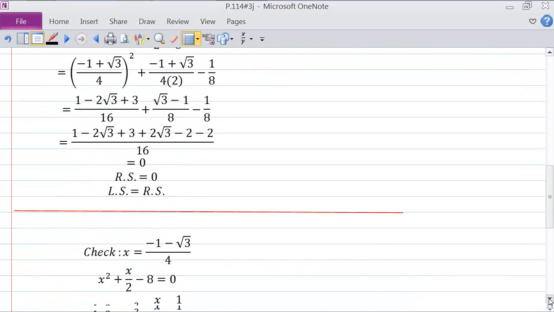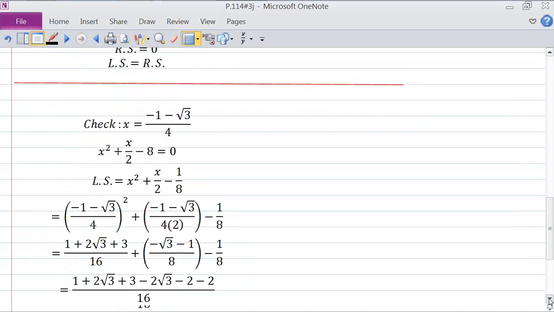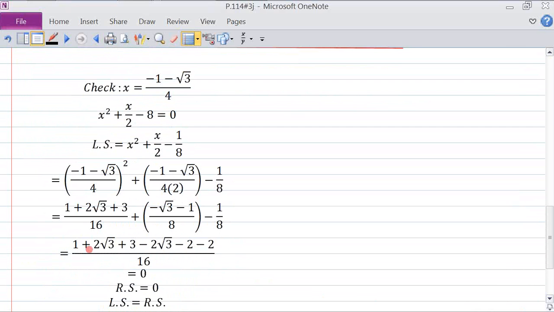So if we do the same thing with the next part, I'm not going to go into it in detail. The only thing that really changes here, if we do the other solution, the minus 1 minus root 3 over 4, we just did the minus 1 plus root 3 over 4. The only thing that changes is this was a minus and it becomes a plus, and this is a plus and becomes a minus. So it sums to 0, and you get the same solution.